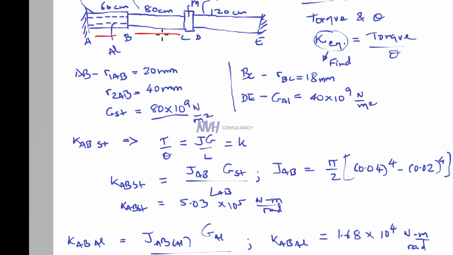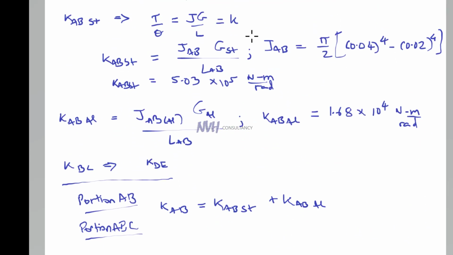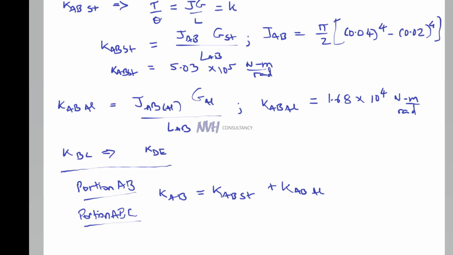That means they are in series. So the stiffness can be found using the normal equation: 1 over KABC equals 1 over KAB plus 1 over KBC.